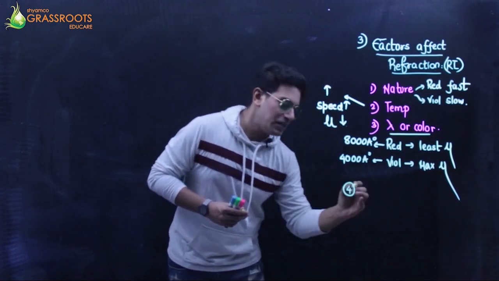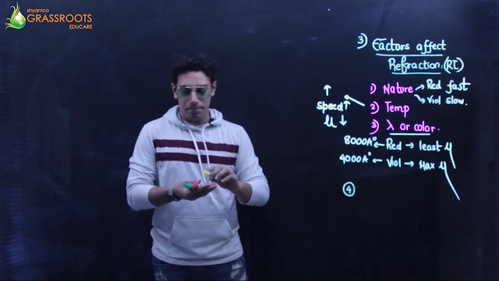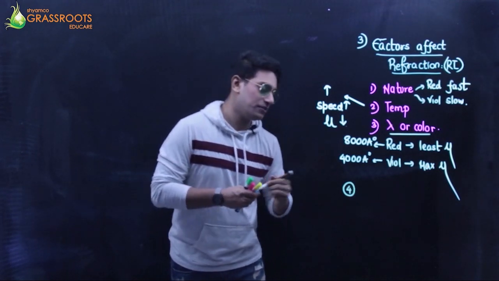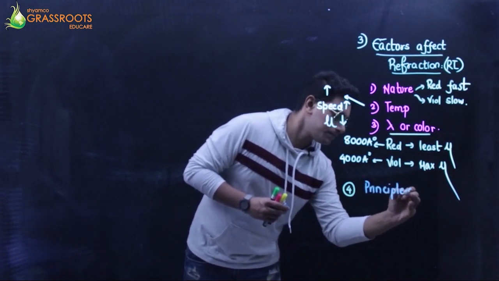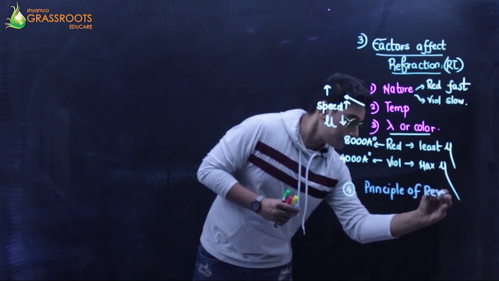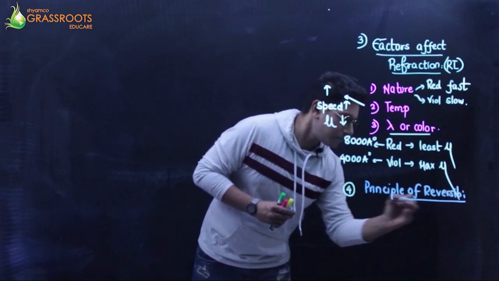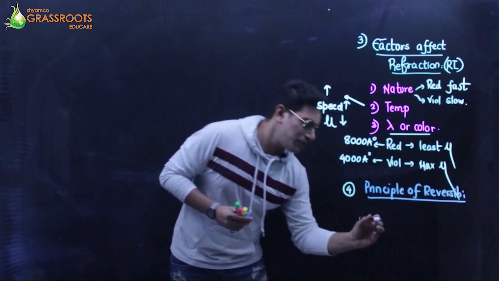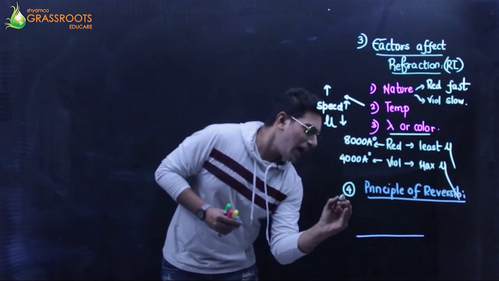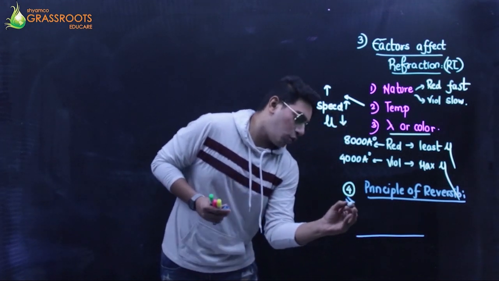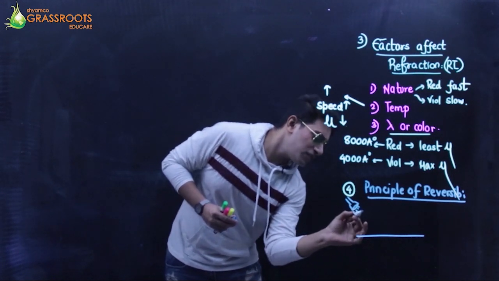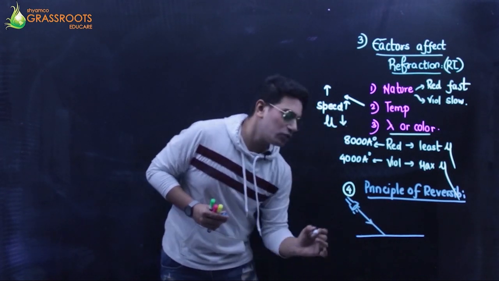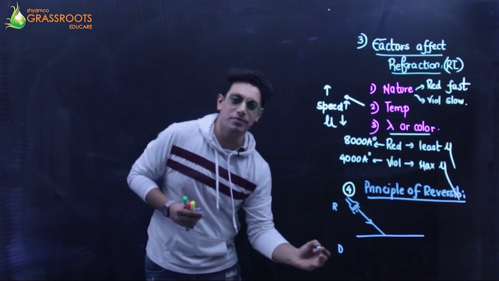The fourth one, you can talk about the principle of reversibility. Now that's very simple. Whenever I switch on a torch, or consider one ray of light, it goes from a rarer medium to a denser medium.